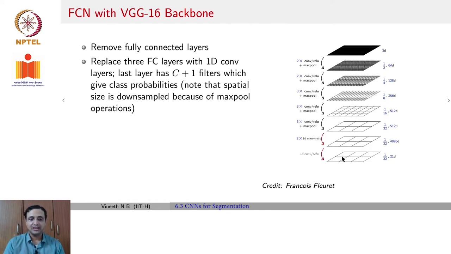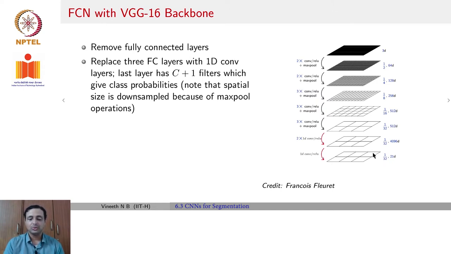The three FC layers are replaced with 1x1 convolutional layers, and the last 1x1 convolutional layer has C+1 filters. So you can see here the last one has 21 dimensional filters. This was applied on a data set that had 20 classes, so it was 21 dimensional.